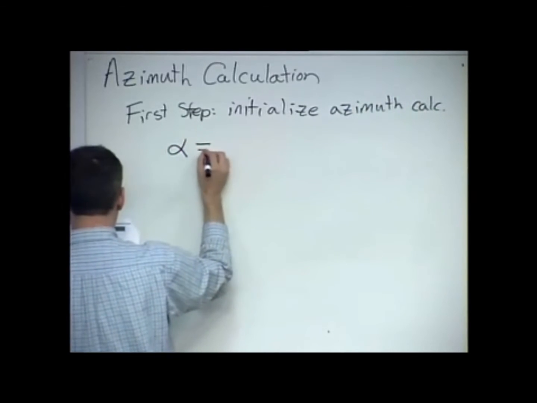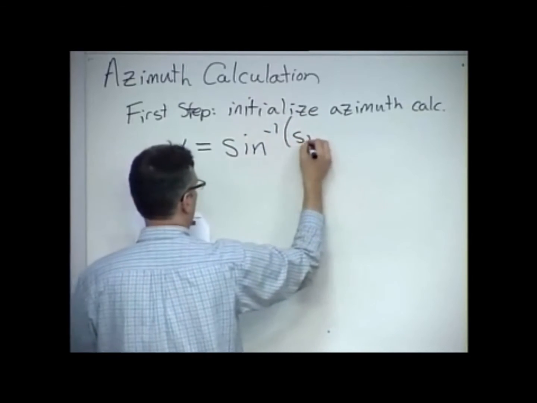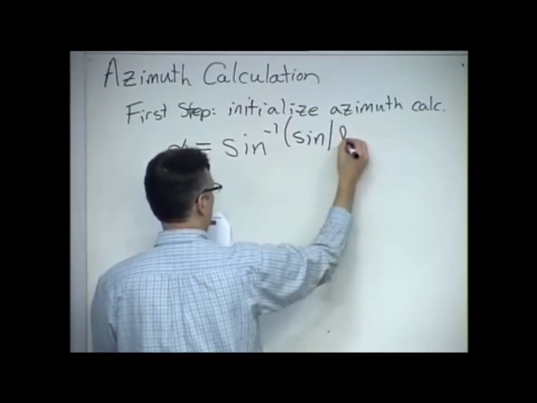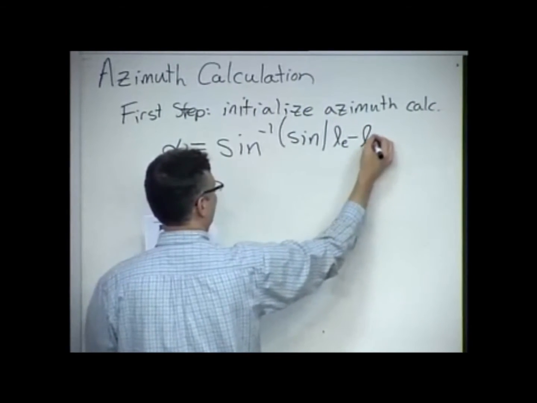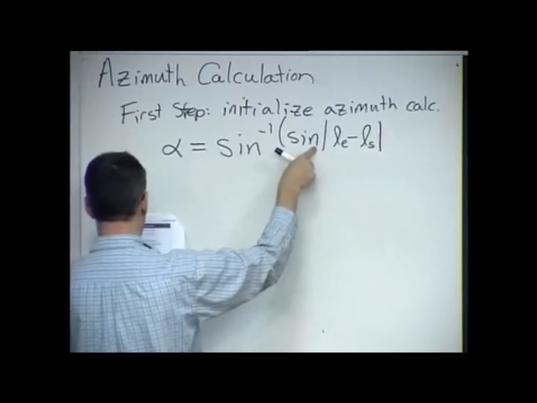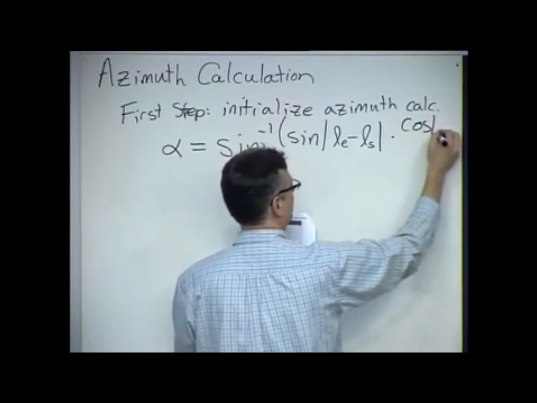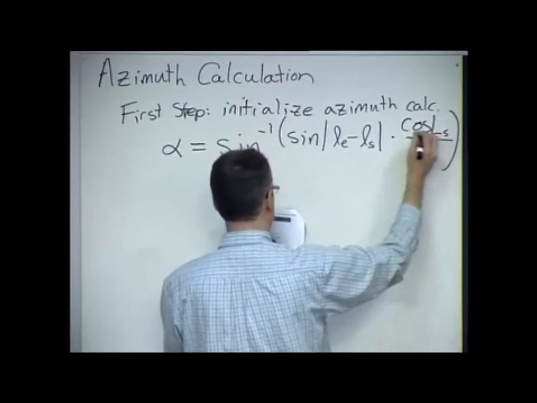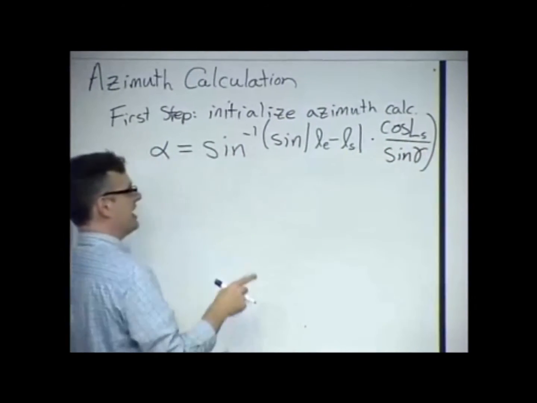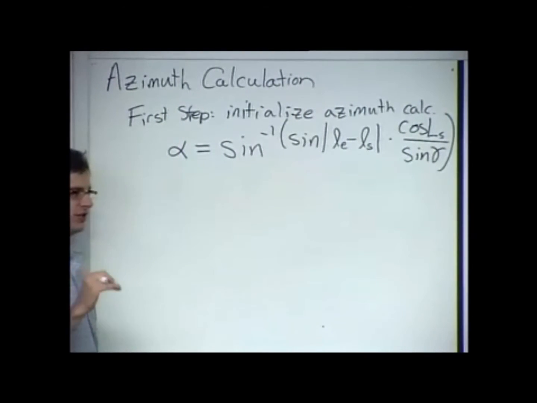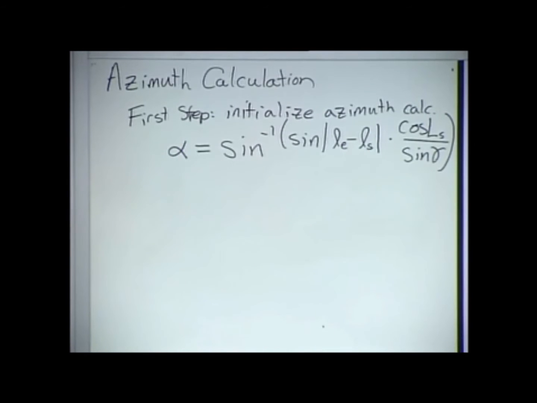And alpha, in this case, is the arc sine of the sine of your longitude of the Earth station minus the longitude of your satellite subpoint. Take the absolute value, then the sine, multiply that by the cosine of the latitude of your satellite subpoint divided by the sine of your gamma. So you really need to calculate elevation first, because we use that helper variable in this formula to simplify it.